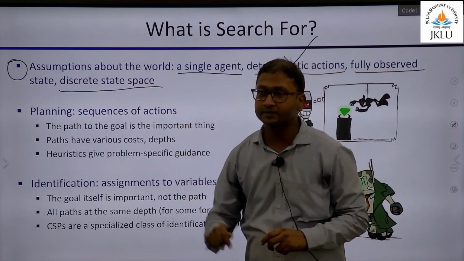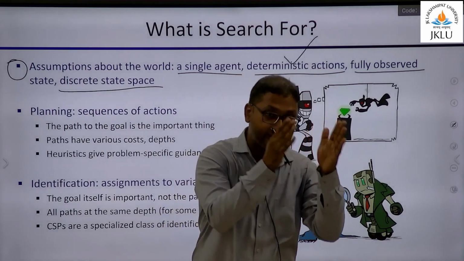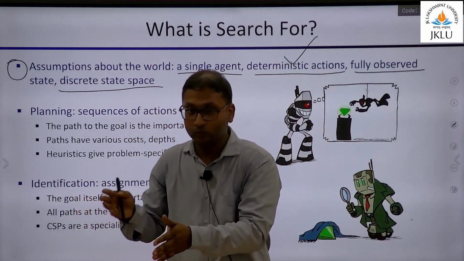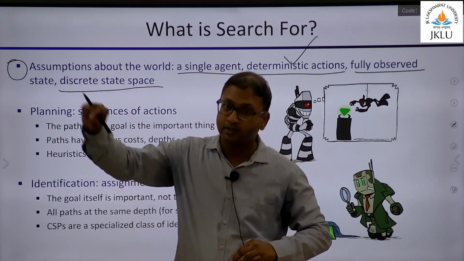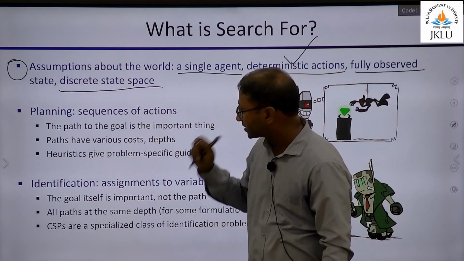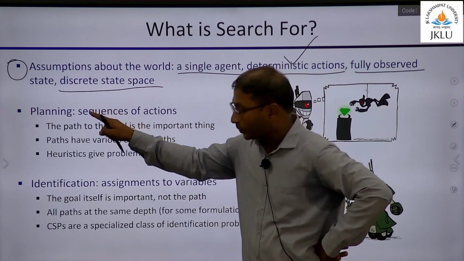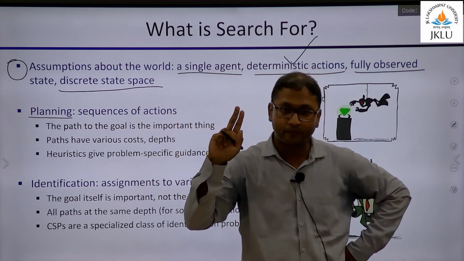Discrete state space, there are transitions. So there is something like state 1 and state 2. Not things like where things are continuous. Okay? So planning sequences of actions. Planning is a sequence of actions, and if you see these days, these two terms are pretty hot.